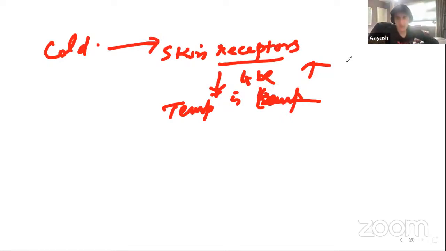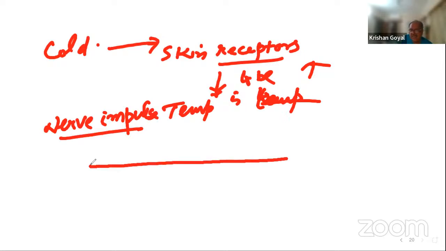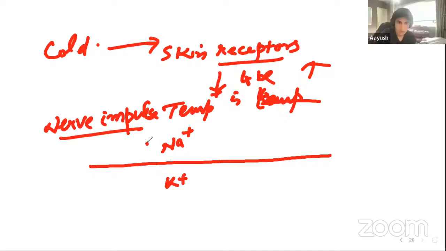Hey, so I understand the concept of the positive feedback, but I don't understand the example. How does increasing the sodium ion increase the permeability? Why would it increase the permeability? I will tell you. What is a nerve impulse? It is at the nerve membrane. Sodium ions are outside, potassium ions are inside, as we studied, resting potential, action potential.